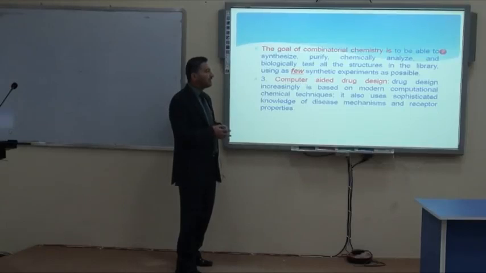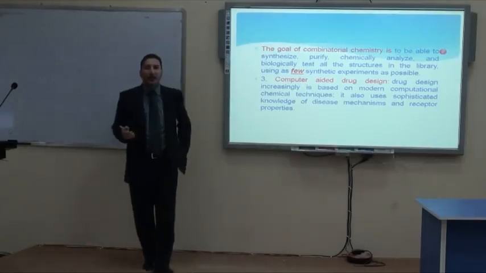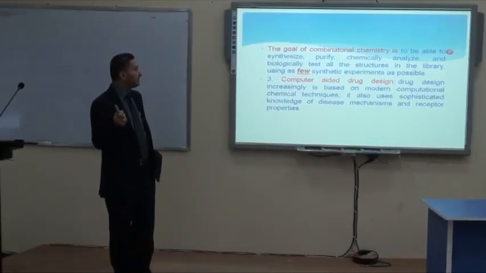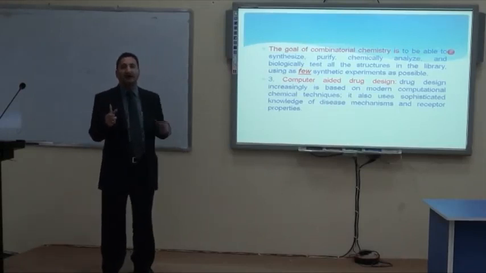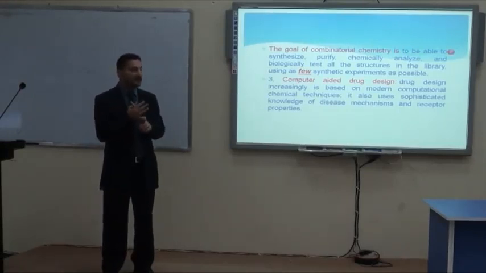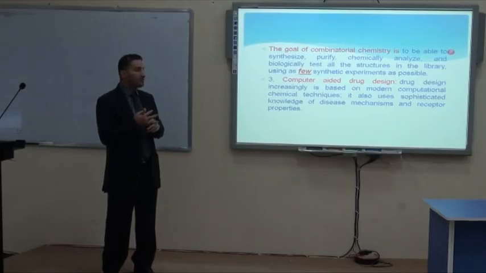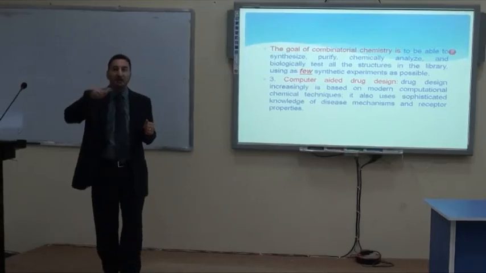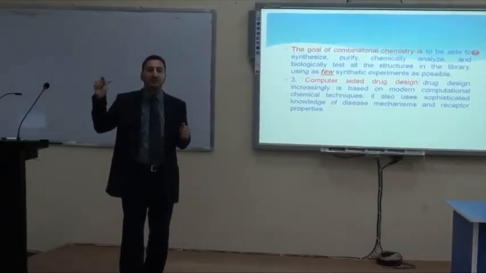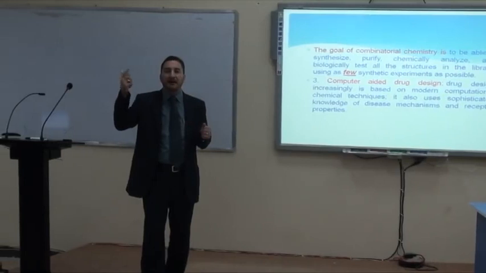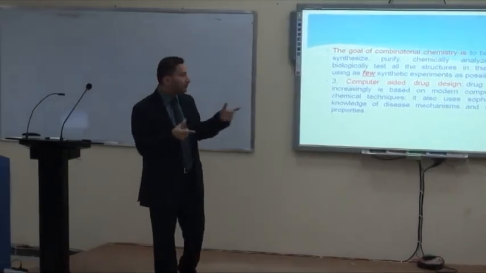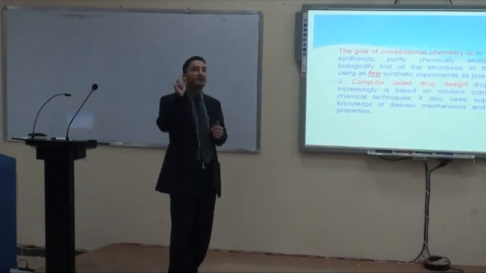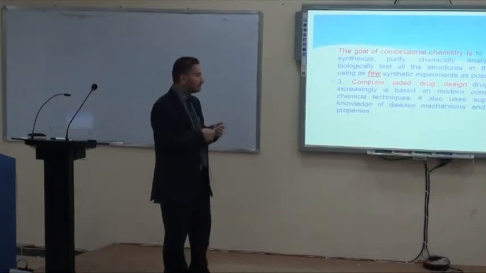Finally, computer-aided drug design. Drug design is increasingly based on modern computational chemical techniques. We have a database about the disease mechanism and about the receptor properties, and according to this, we will design a new series of compounds, and by computerized chemical techniques we will predict the biological activity.